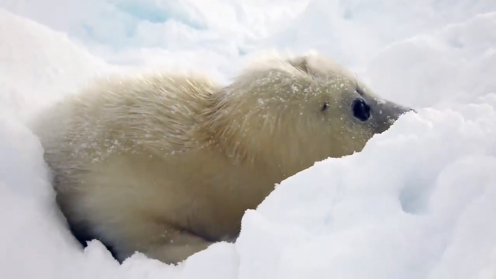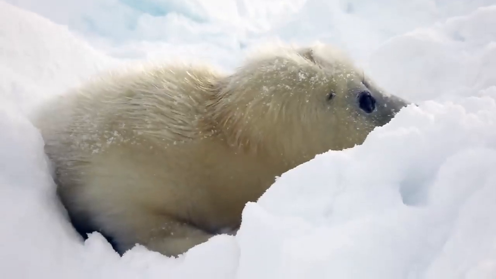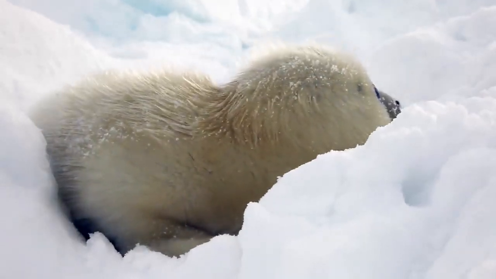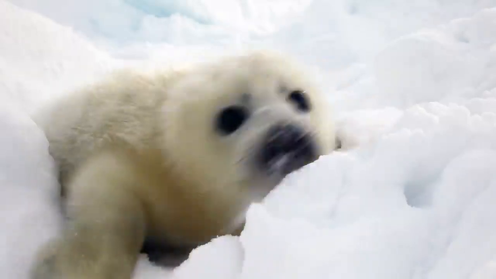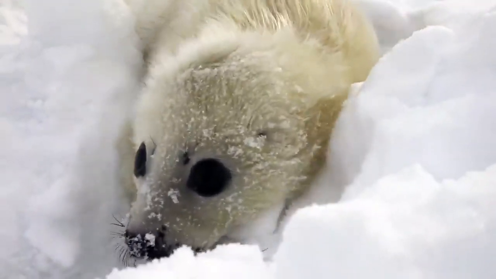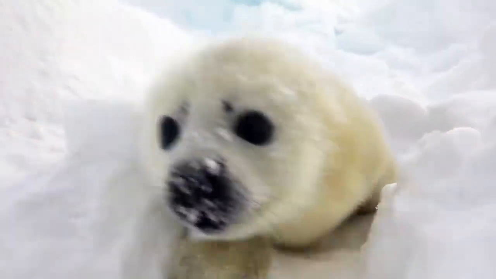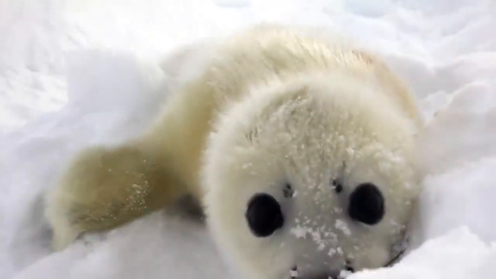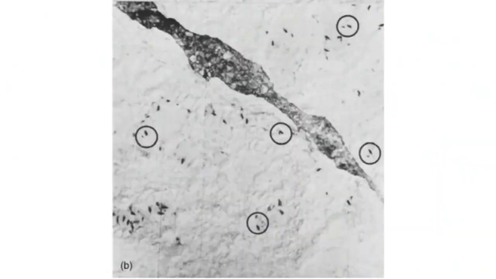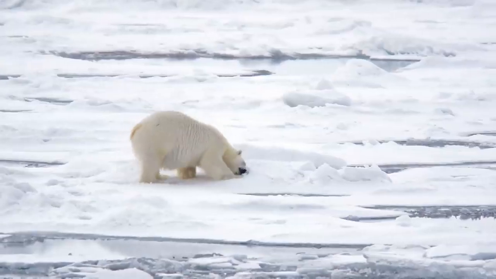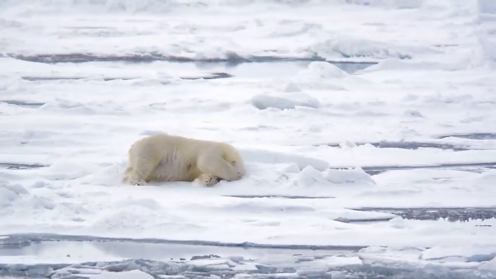Their fur is white in the visible part of the spectrum, so they blend into the ice and snow. But in the ultraviolet part, they are absorbing a lot of that radiation. It allows us to get an accurate count of harp seals, because we can count the pups too by taking photos in the ultraviolet. This is actually one of the uses of ultraviolet photography. You can also look for Arctic foxes or polar bears using the same technique because they too absorb ultraviolet.